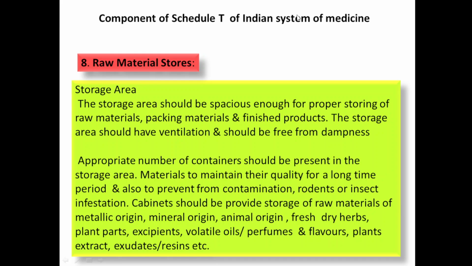If proper ventilation is there, then there will be no microbial contamination, and the product will not deteriorate due to moisture, because many times the presence of moisture in the herbal drug causes chemical degradation as well as microbial degradation. For that reason, the storage area should have enough space and should be free from moisture, and for that, proper ventilation should be there.